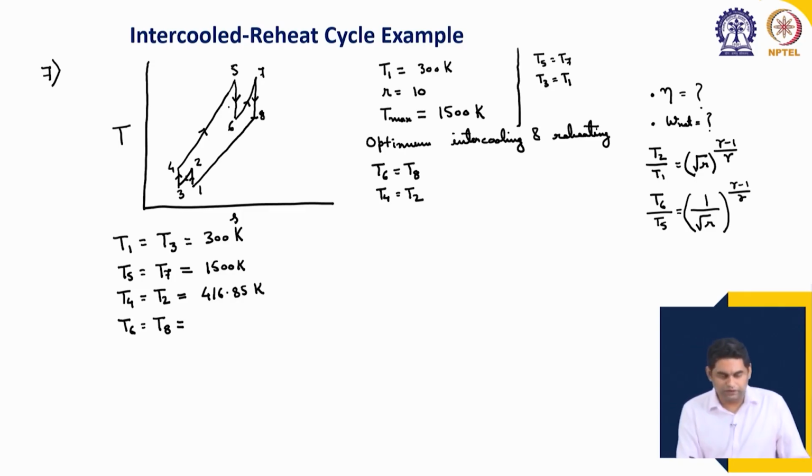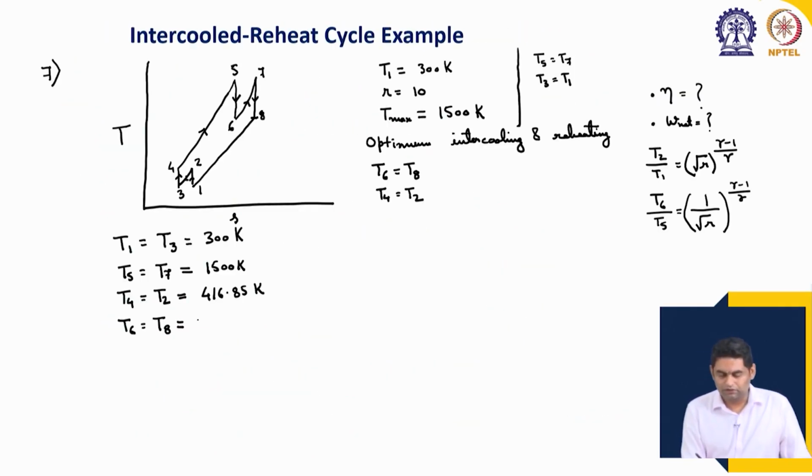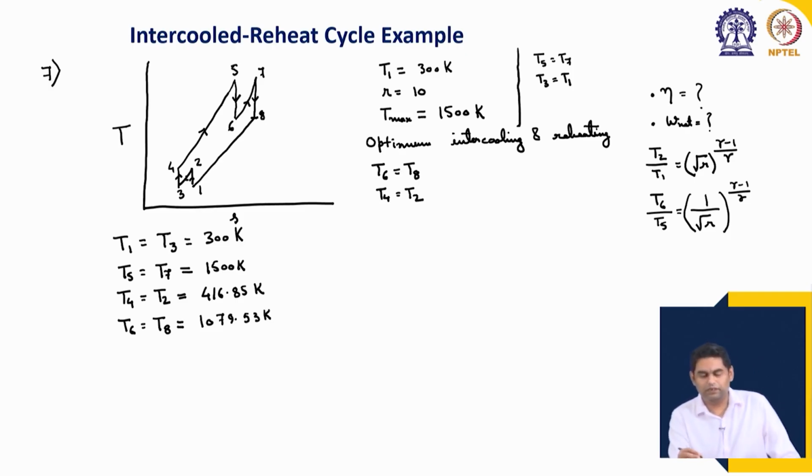So, this gives us the same value as the reheat problem. In the reheat problem we had this value as 1079.53 Kelvin. Okay. So, here also you can solve and you will get 1079.53 Kelvin.